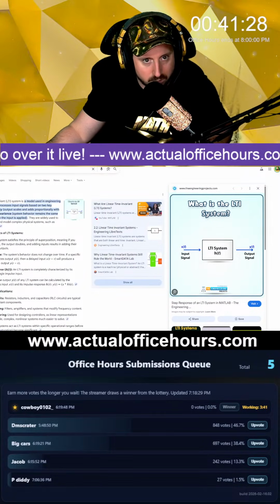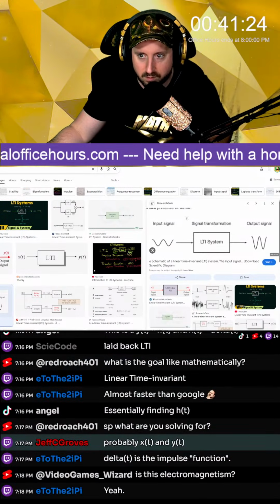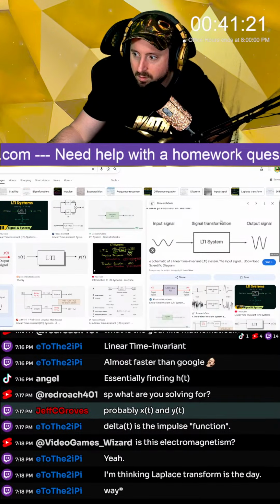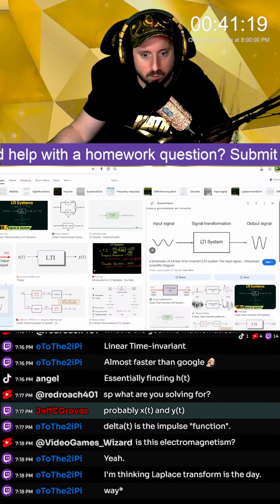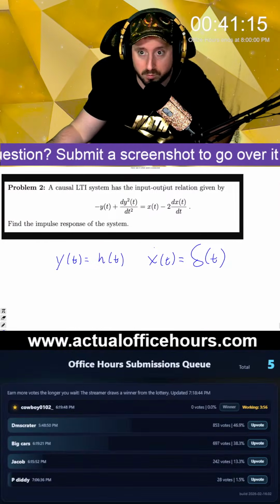Okay, but how do you solve for it? Yeah, okay, so input signal, Laplace transform. Okay, cool. Okay, we can Laplace transform. Let me remember what my Laplace transforms are, though.